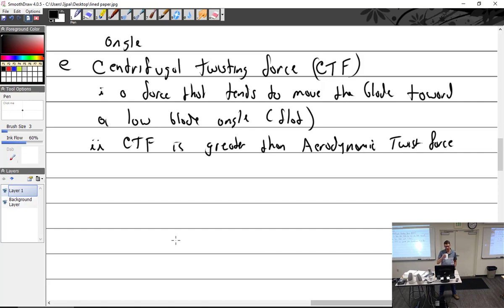Centrifugal always wins, wins as in the force is greater. Because one's making it go to low angle and the other one's making it go to high. And centrifugal always wins. So, spoiler alert: not airworthy anymore.